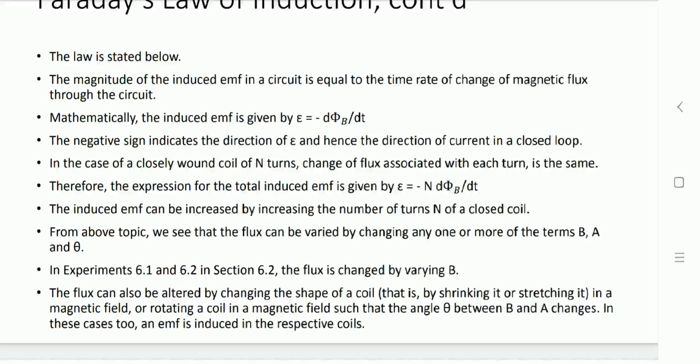If N turns are there, N times flux variation is available, and it may produce a large amount of EMF. So my equation becomes epsilon equals minus N d phi B by dt. We can say that the generated EMF is directly proportional to the number of turns. If we want a large EMF, the coil should have a large number of turns.